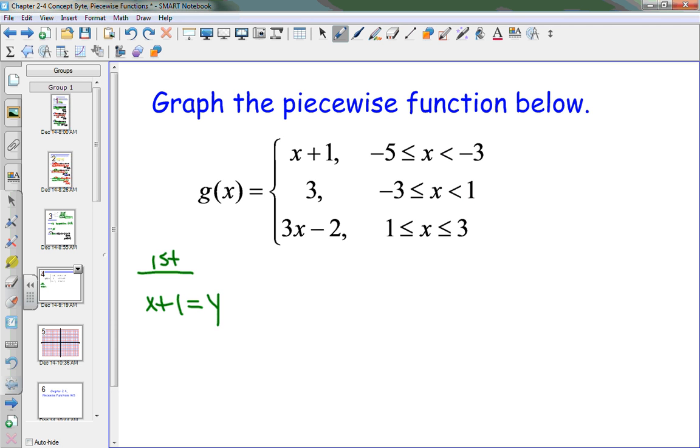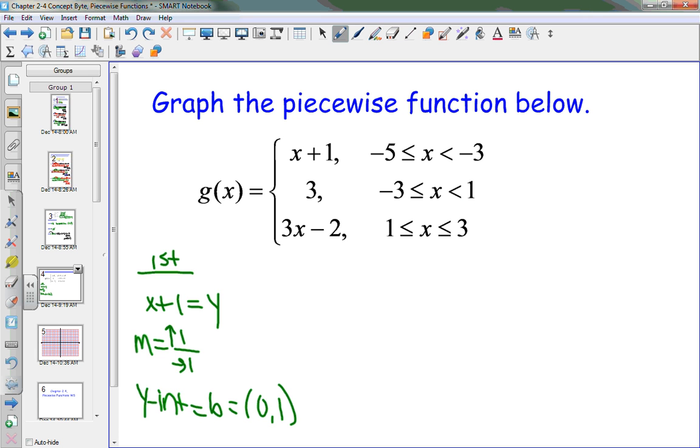And I'm going to set that equal to y because it's a line. If I try to graph this, what's my slope? Well, it's already solved for y, so my slope is going to be 1 over 1. So that's going to be graphically up 1 to the right 1. What's my y-intercept? So that's my b value, which is going to be the point 0, 1.